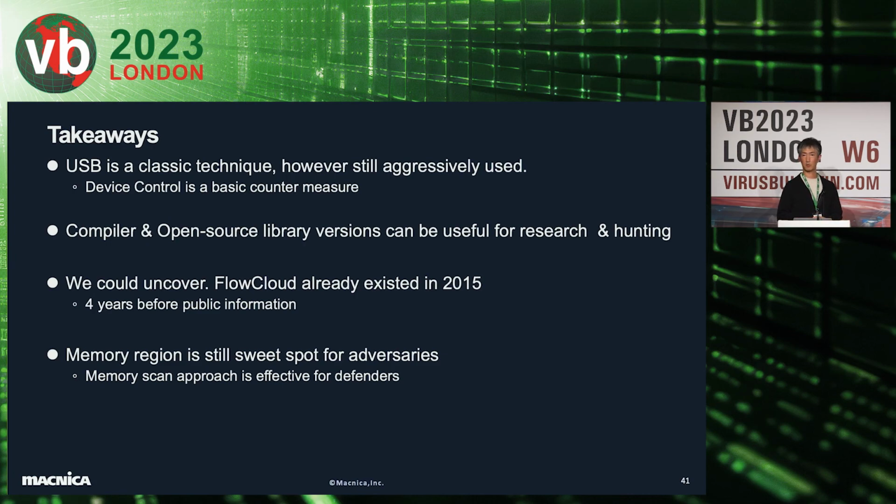So device control via EDRs or some other asset management software can be a basic countermeasure. And as I showed in this presentation, compiler and open source library versions can be helpful for our research and hunting. And in our research, we could uncover that FlowCloud already existed in 2015, 4 years before public information.